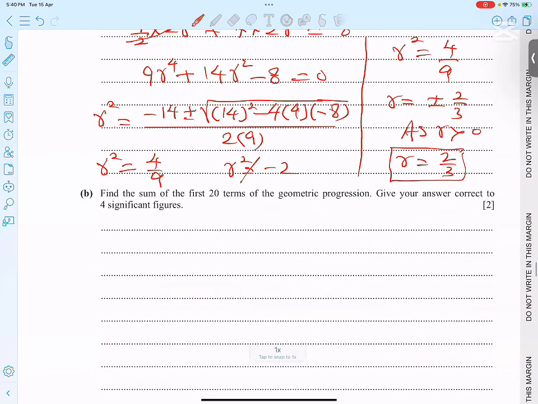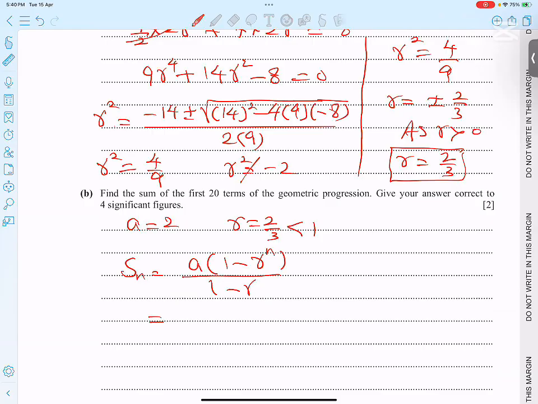Now, the sum of the first 20 terms. As we know, a is 2, common ratio 2 over 3, and this is less than 1. Sorry, this r is less than 1. So I'm using the formula S_n equals a times (1 minus r to the power n) over (1 minus r).